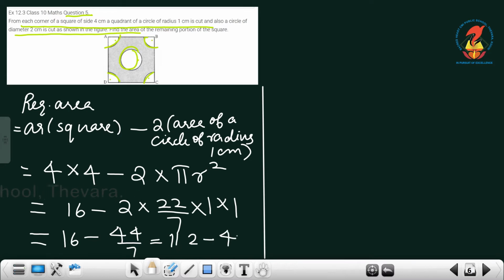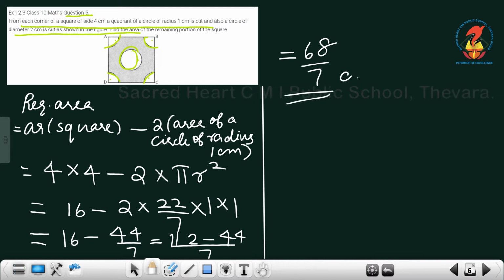Which is equal to 112 minus 44 divided by 7. So, it is actually 68 by 7 centimeter square, which you can find in decimal form.